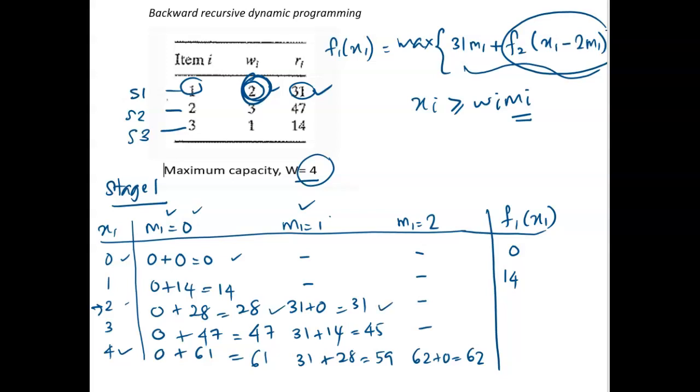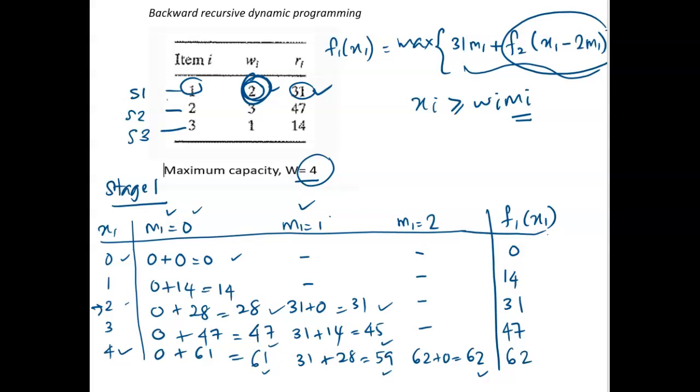Remember, we want to maximize our return, so it will be 31. Next, when x1 equals 3, you have to compare between 47 and 45. The highest value is 47. And the last one, you have to compare between 61, 62 and 59. The highest value is 62.